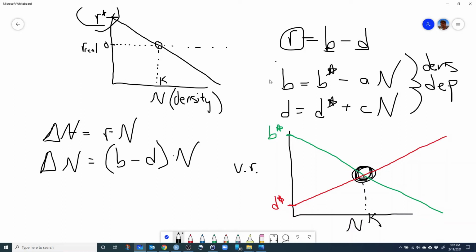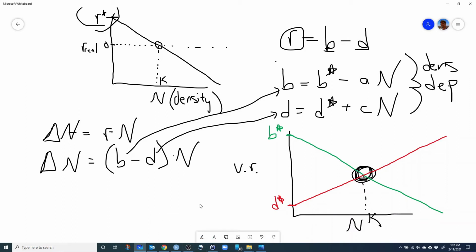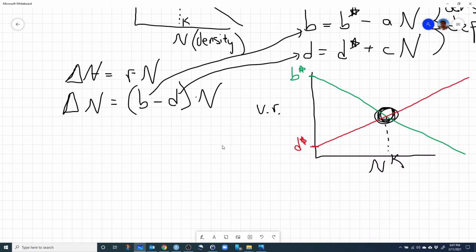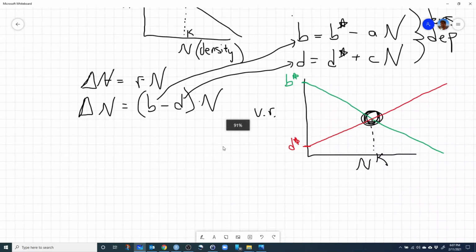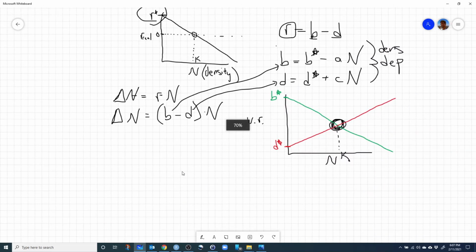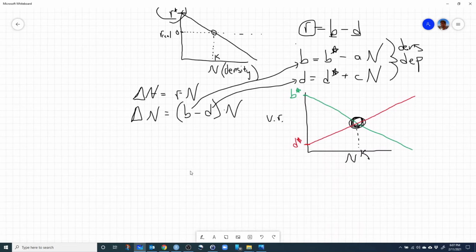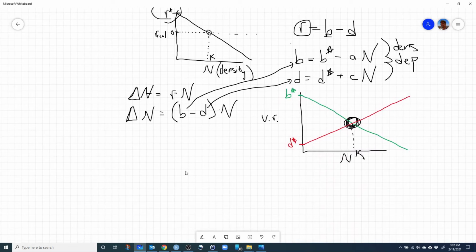Now we're going to let both of these things be density dependent. b is going to be density dependent and d is going to be density dependent. So let's write that equation out, and we're going to have to use a little more space here. I'll zoom in, and hopefully you can still see what I'm doing.